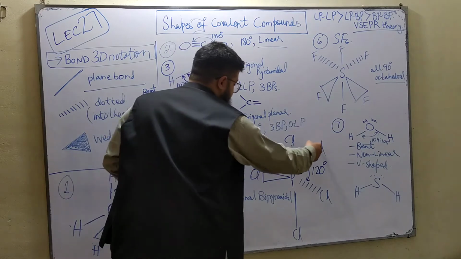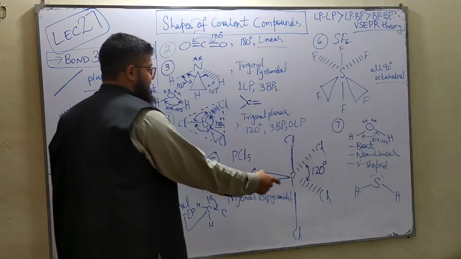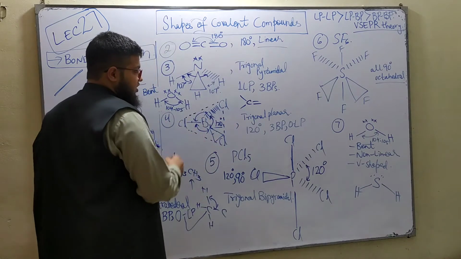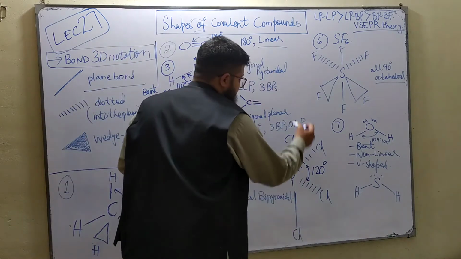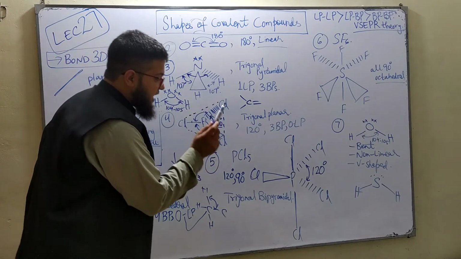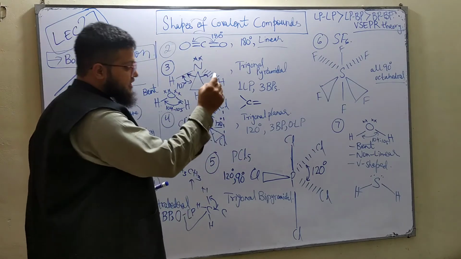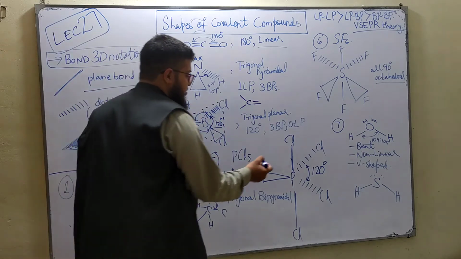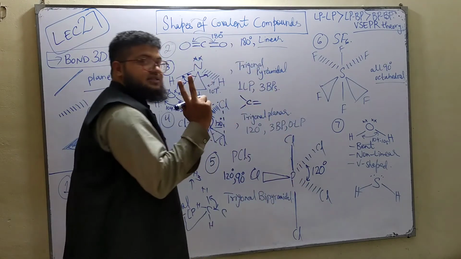So if these three chlorine atoms were already forming a plane, just like this molecule, the two chlorine atoms which have been added on top of the phosphorus and beneath the phosphorus, they are going to be perpendicular to this original plane, okay. So you've got two types of angles in here.